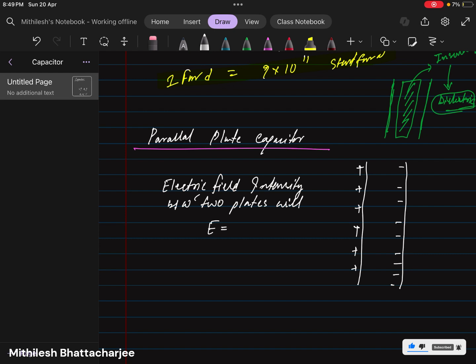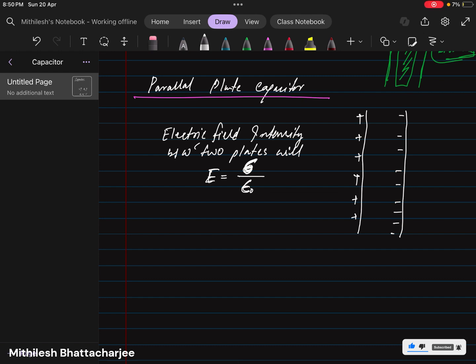E is equal to how much? Sigma by epsilon naught, as you studied earlier. Sigma by epsilon naught. Now, what is sigma? Sigma is the surface charge density.